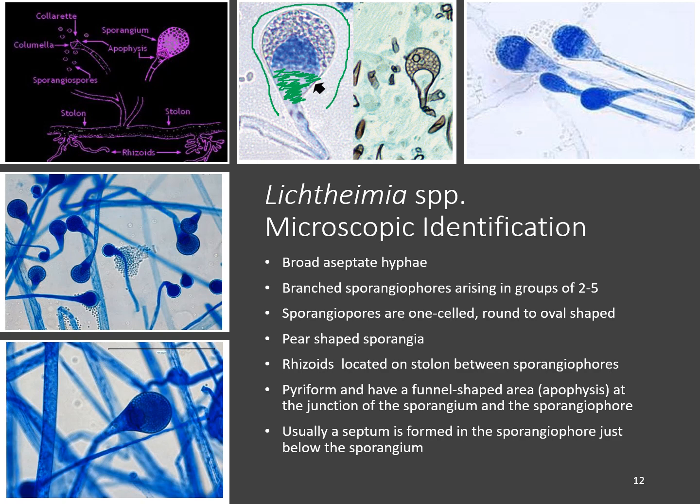It also has rhizoids along the stolon that are offset from the sporangium. So you can see here in this image to the side where they are on the side of, and not directly under, the sporangiophores.